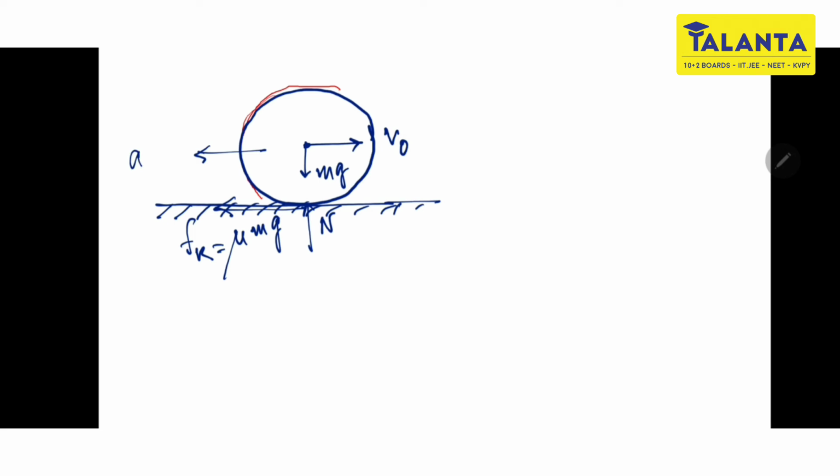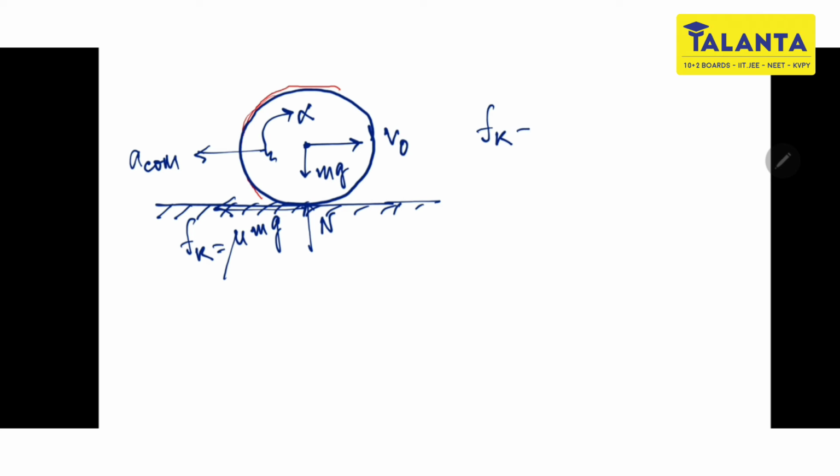Here is the acceleration of the center of mass, and here is alpha, the angular acceleration. Since slipping occurs, kinetic friction acts in the backward direction, due to which the center of mass decelerates and the sphere attains angular acceleration in the anti-clockwise direction as shown.